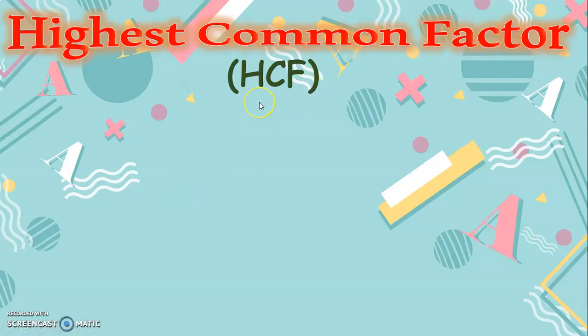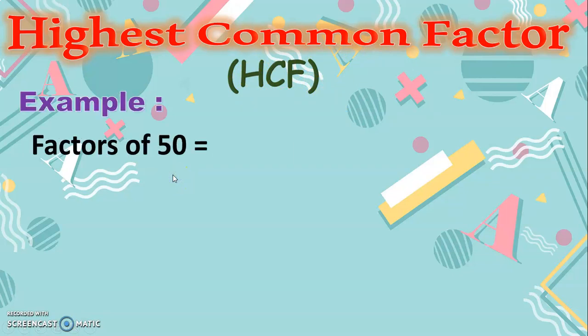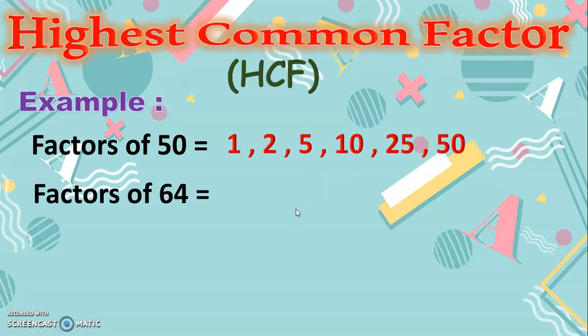Highest common factor, for short, is HCF. For example, let us go back to the following numbers. The factors of 50 are 1, 2, 5, 10, 25, and 50. The factors of 64 are 1, 2, 4, 8, 16, 32, and 64.